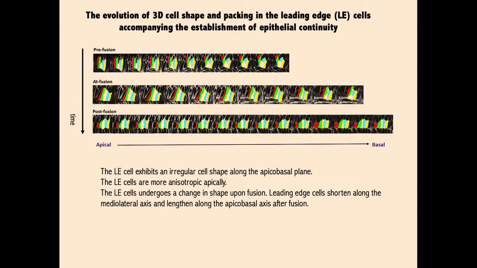So the same cells are no longer neighbors. I mean, the cells that are neighbors here are not neighbors here. But after you've completed fusion, not only the shapes of the cells, but also their neighborhood is a little more stable. So you don't see as much difference between the top end and the bottom end of the cells, both with respect to shape and neighborhood.